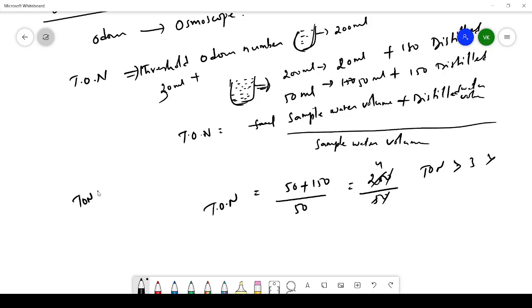If the TON is 1, then only a trained expert can identify the odor or smell.